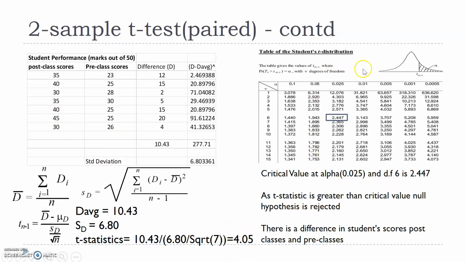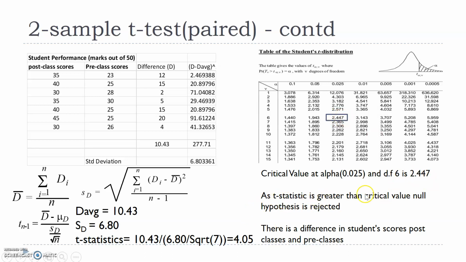Then I'll go and find the critical value. To find the critical value, I need two parameters. One is degrees of freedom, the second is alpha or level of significance. Because I am conducting a two-tailed test, you look at the value at alpha by 2, which is 0.025. Degrees of freedom is 6 because my sample size is 7, and 7 minus 1 is 6. If I check the value, my critical value is 2.447.